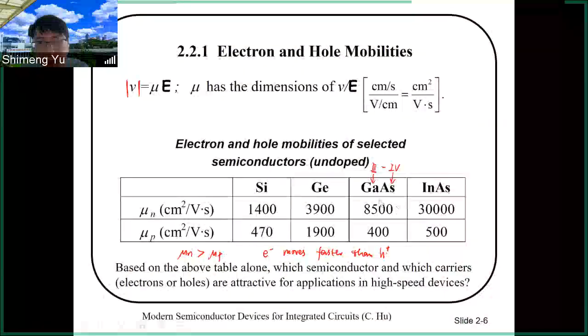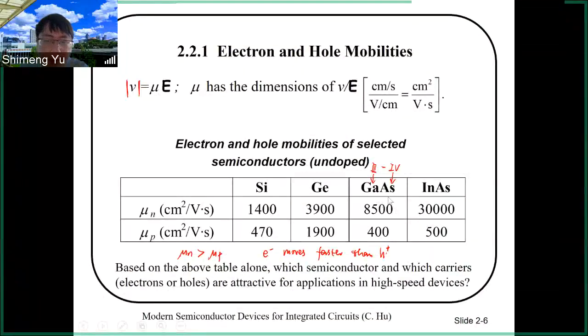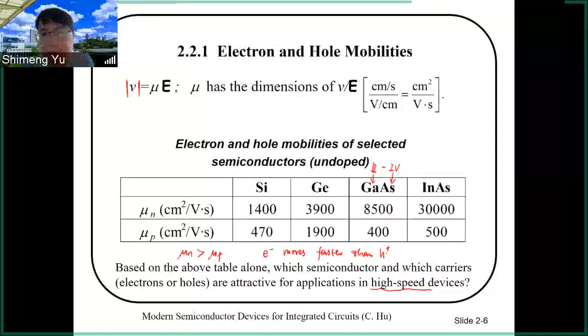That's why the 3, 5 semiconductors are typically used in high-speed applications, like the circuits used in microwave applications where you have very high frequency. Then you want the electrons to move fast, so you may want to use gallium arsenide or indium arsenide, or 3-5 semiconductors in general. But for digital computing, like your microprocessor, silicon is good enough.